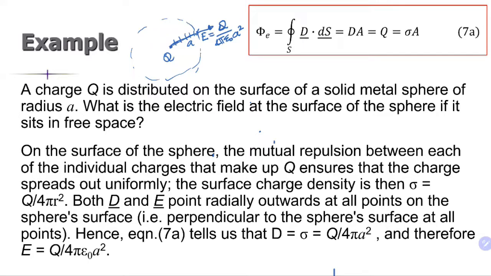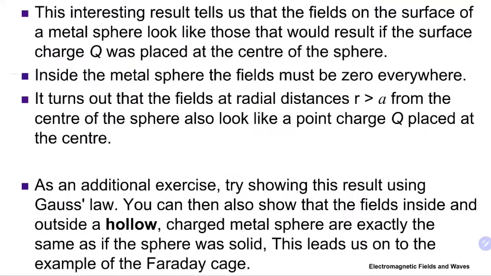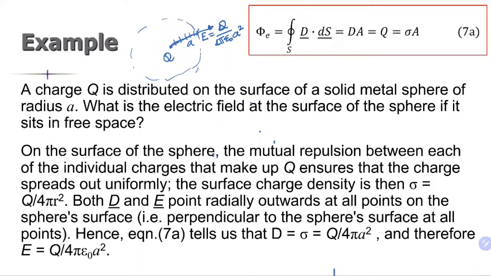Inside the metal sphere, we said that the electric field is zero because electric field cannot live inside a conducting surface. Okay, so that's the difference. So inside here, if it's a conducting sphere, electric field here is equal to 0. If it's a point charge, then you have finite electric field that changes with the distance.